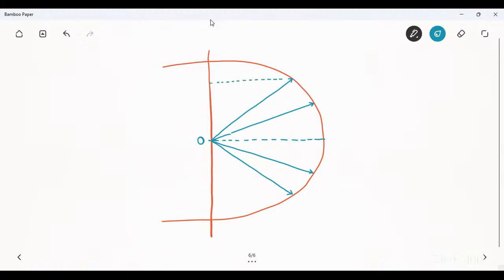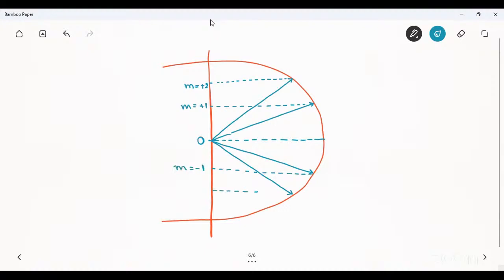This will be m equal to +2. This will be m equal to +1. This will be 0. And here this will be m of -1.